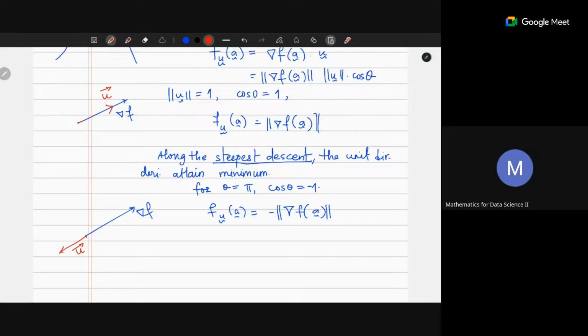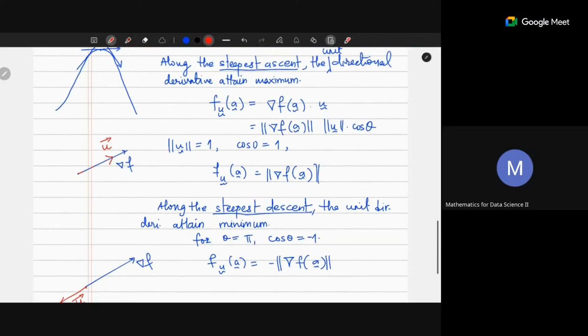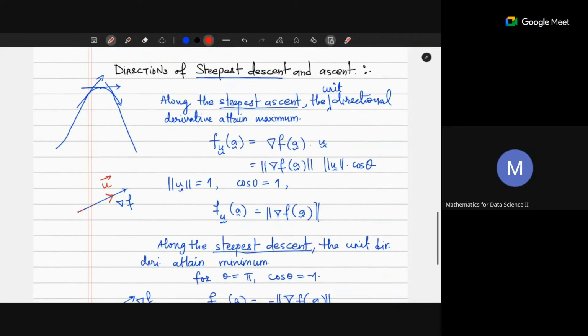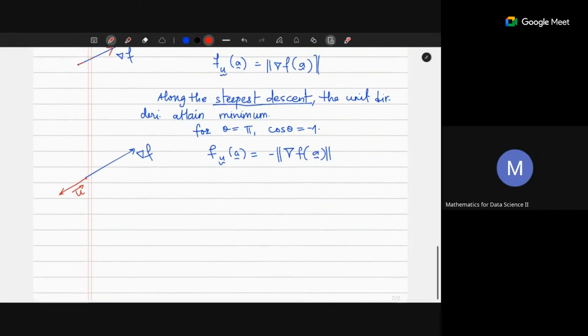All right. So for the steepest descent, and for the vector, for the function being constant along that direction, that means if I look at the directional derivative in that direction, it should not change. So that means it should be 0.